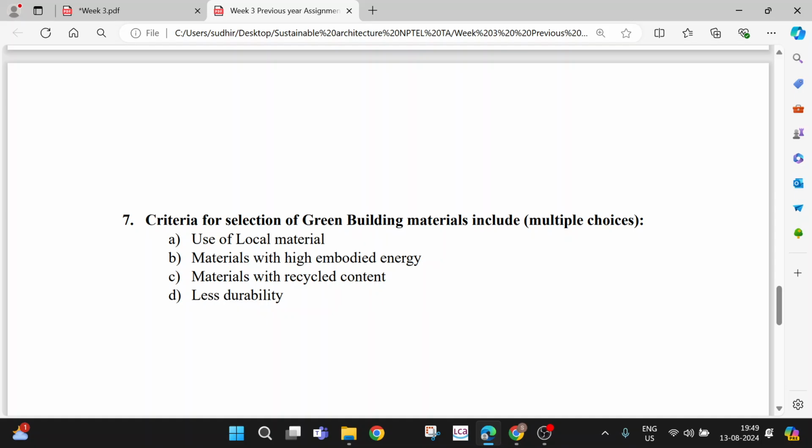Because if there is one building and it has been demolished, while constructing the new building, if you are utilizing that old building material as a raw material, or you are recycling that material, then you are minimizing the waste.